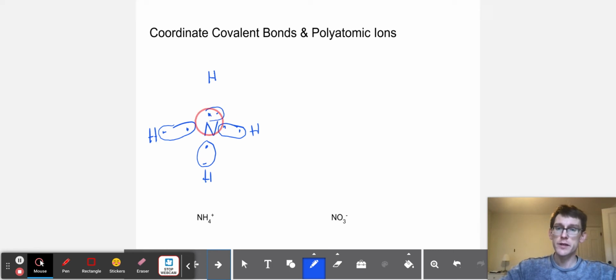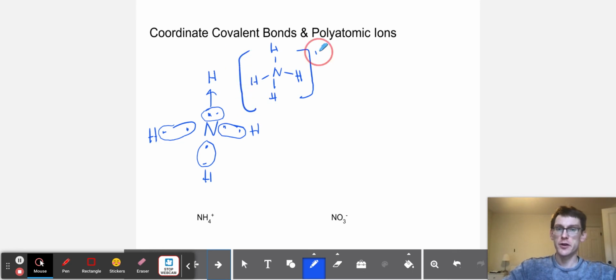Because what we can do is take these 2 electrons from the nitrogen and go here to form the coordinate covalent bond. And we end up with a Lewis structure that looks like this. And of course, brackets around it and the positive charge.